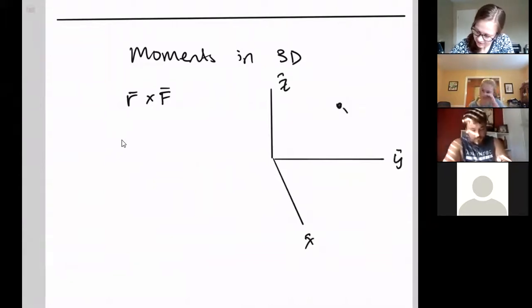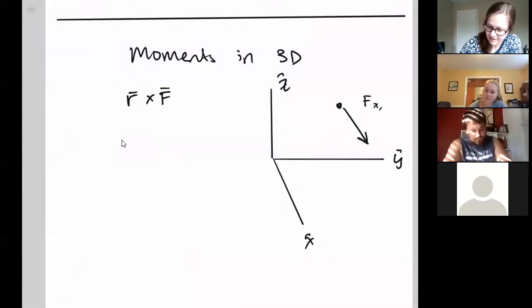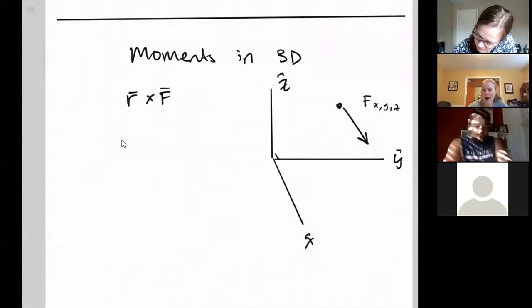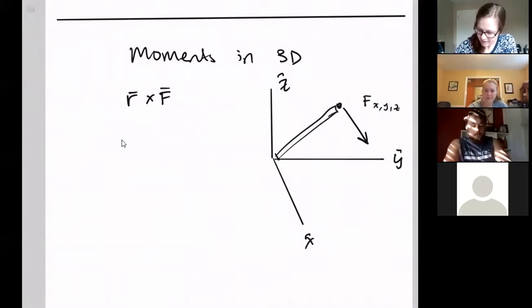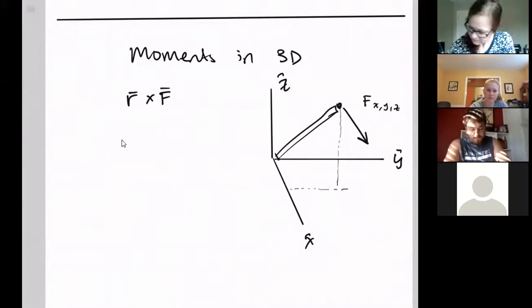Say we have a force here, and this force has x, y, and z components, so it is a 3-dimensional force. And we had some kind of beam here, and this beam also has 3 dimensions.